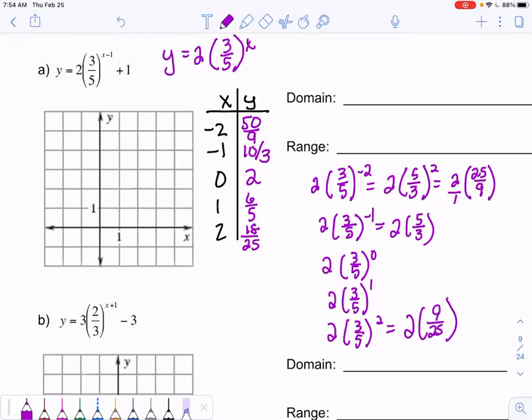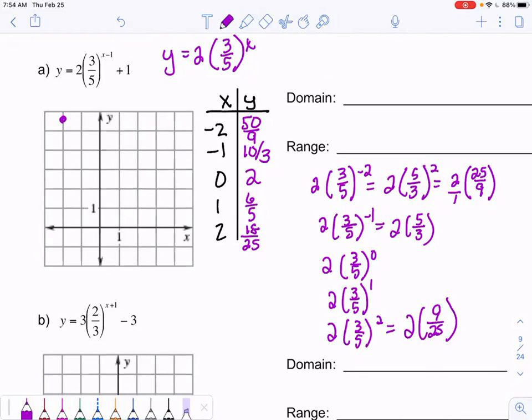All right, so if I have 50/9, I know 45 divided by 9 is 5. So 50 divided by 9 is going to be a little more than 5. So at -2, we're going a little more than 5. We can go in between there. 10/3.